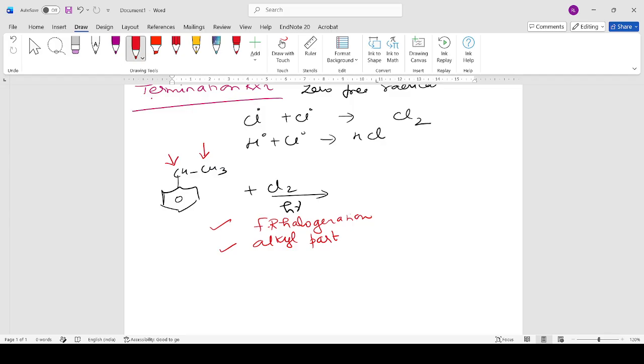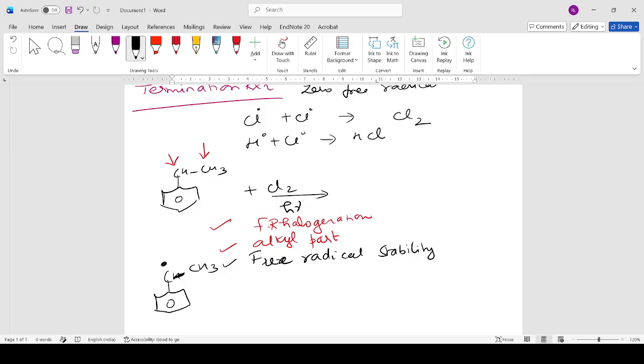Where will it attack? Now the attack will happen with respect to the free radical stability. Consider I'm forming two types of free radicals here. One is like this, right?